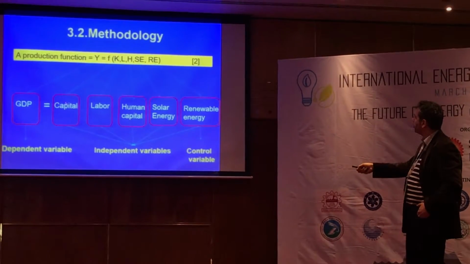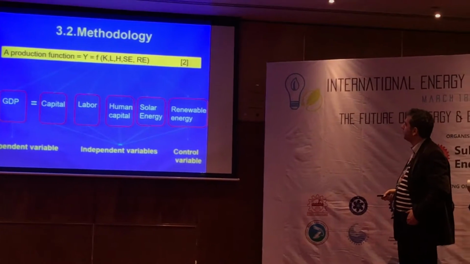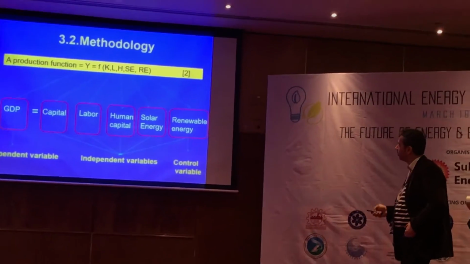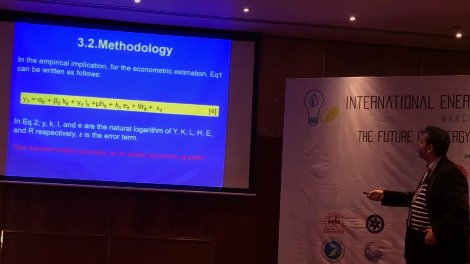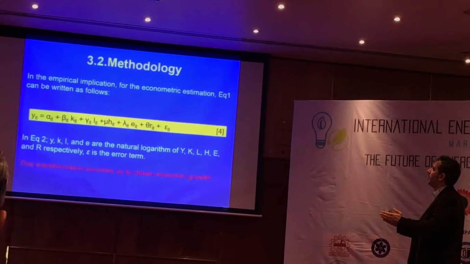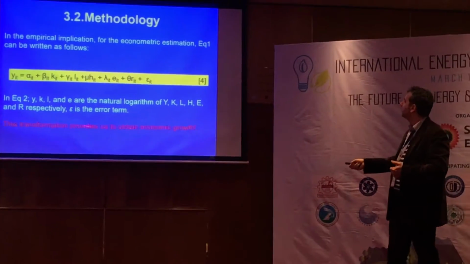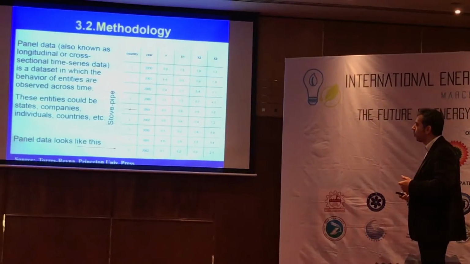So a production function and the indicated independent variables are included in our model, and renewable energy is taken as a control variable. We took both sides of the equations in the natural logarithm form. This transformation provides us to obtain economic growth.